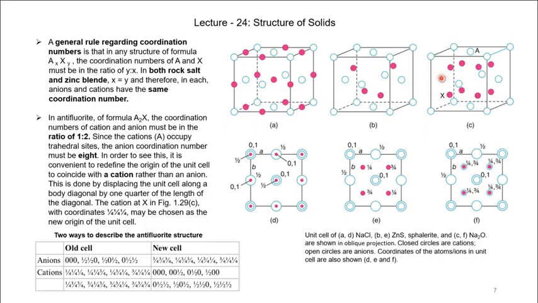These are the anions, and these red ones are the cations. We will see the coordination at atomic positions. This is the rock salt structure and the unit cell.